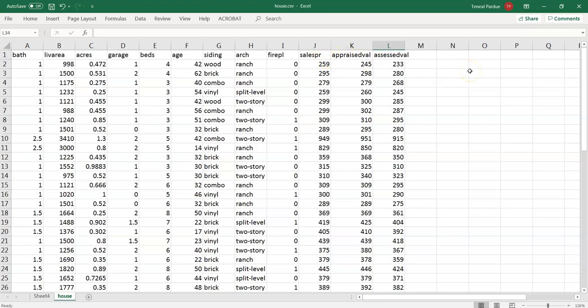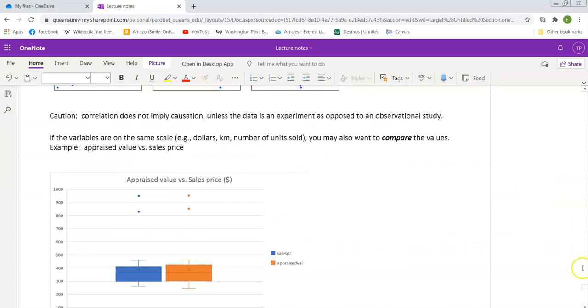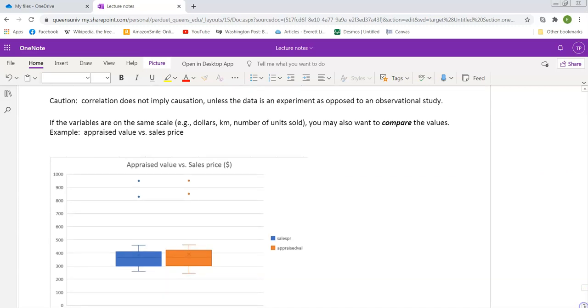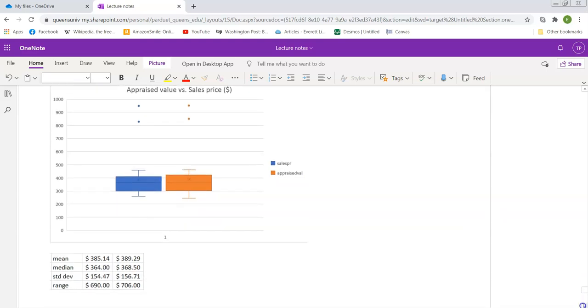Or actually the other way around, but how close the appraiser got to the sales price. If you want to do that, then you can do exactly what we did before, which is just a side-by-side box plot. And you can compare some of the descriptive statistics.